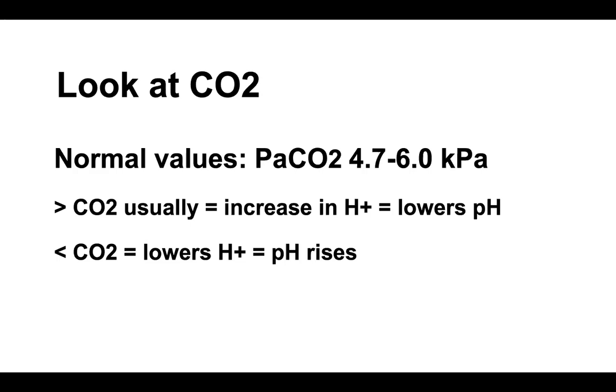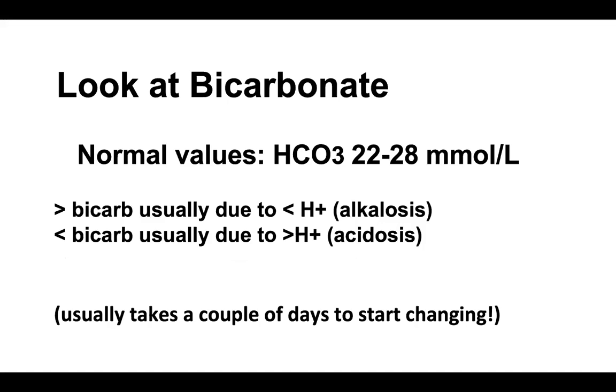So lower CO2 lowers the hydrogen ions and the pH rises. And then we go on to look at the bicarb, the normal value of between 22 and 28. And bicarb is usually increased by a loss of hydrogen ions, so that could be an alkalosis, and a decrease of bicarb usually due to an increase in hydrogen ions, which is an acidosis.